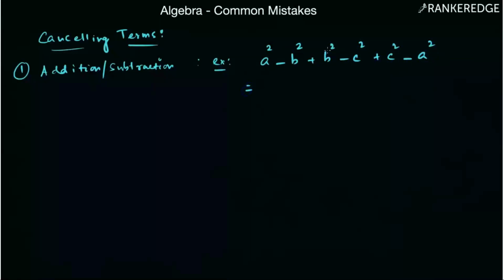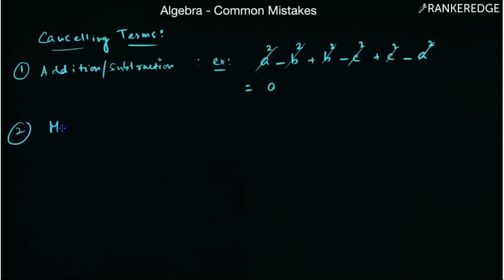This is equal to this: a square minus a square will get cancelled, minus b square plus b square, c square minus c square will get cancelled. All the terms are getting cancelled. This will give me 0. So this is in case you are cancelling terms in addition and subtraction.